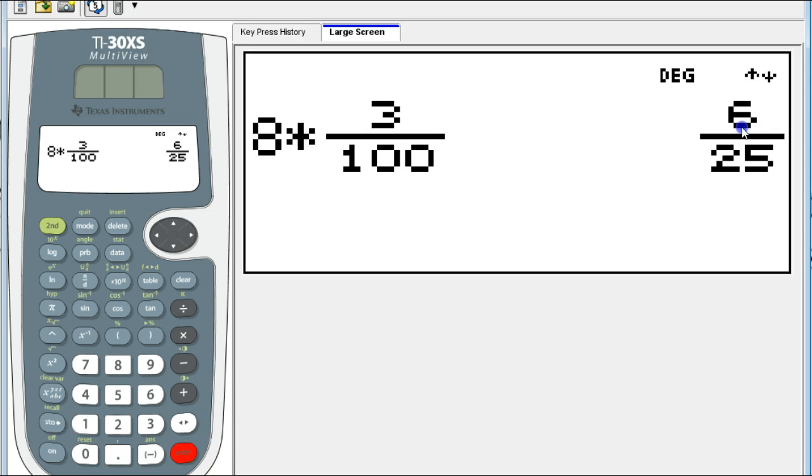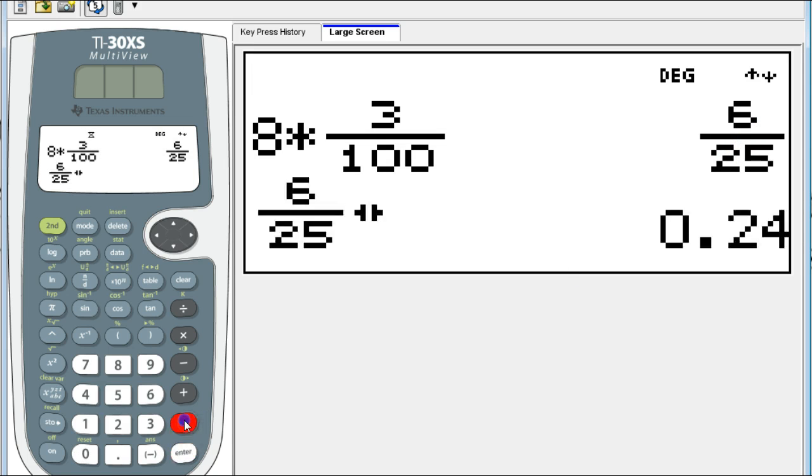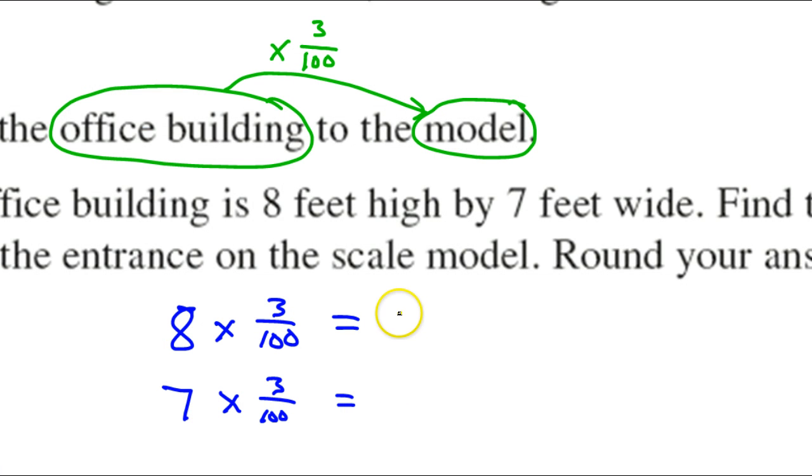is 6/25. But they said we wanted a decimal, and they really said 1 decimal place, I do believe. So 0.24, I think they want us to round that to just 0.2, which is approximately equal to 0.2. And how about 7 times 3/100ths?